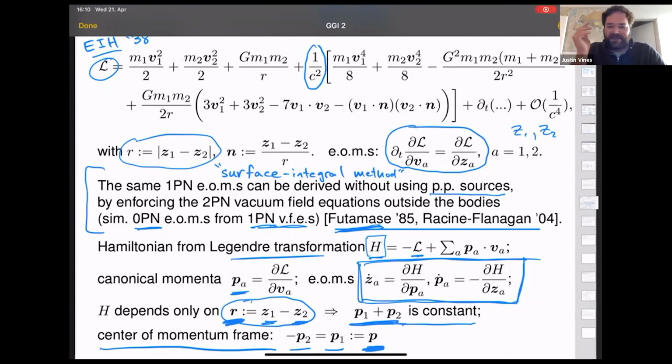You can also read its spin and its quadrupole moment, etc., from the vacuum gravitational field surrounding it. And that's the whole idea: all of the information that's relevant about the body to determine how it moves is encoded in the gravitational field outside it.